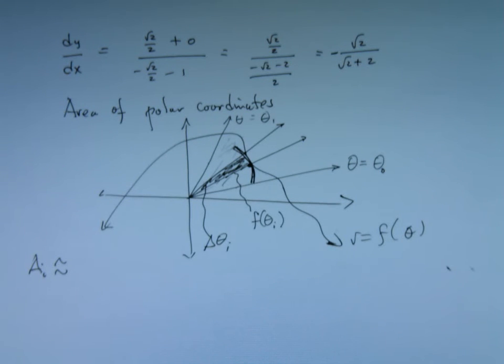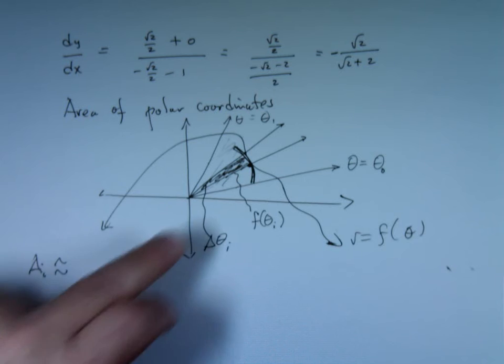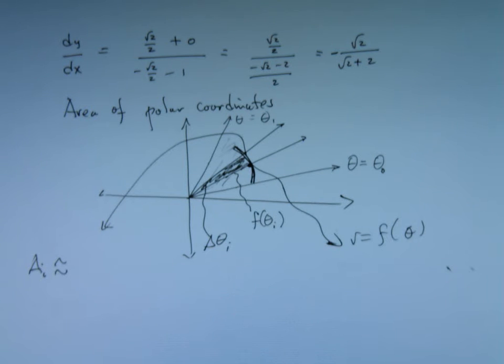F of theta is our R here. Okay? But now we've got a piece of it. That piece has a central angle, an angle of delta theta. What fractional part of the circle are we talking about if we have a central angle of delta theta?